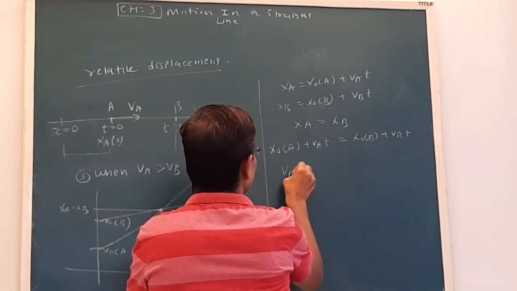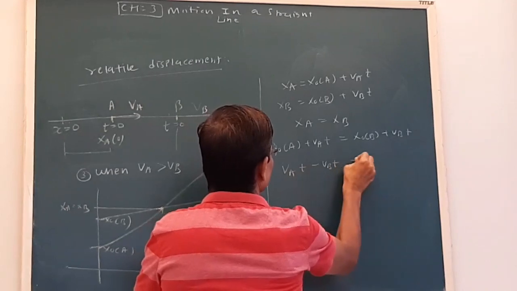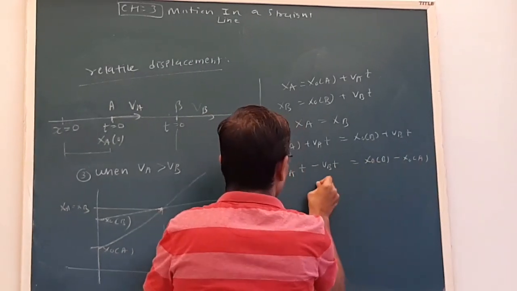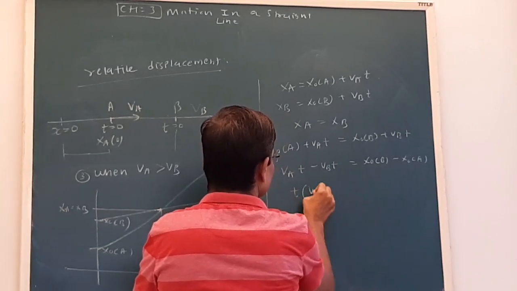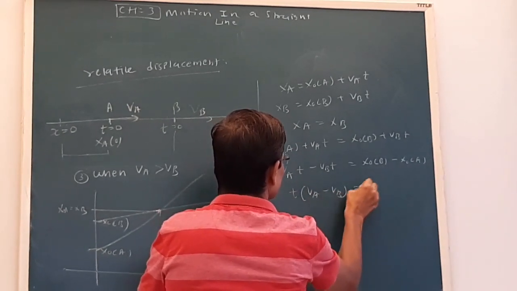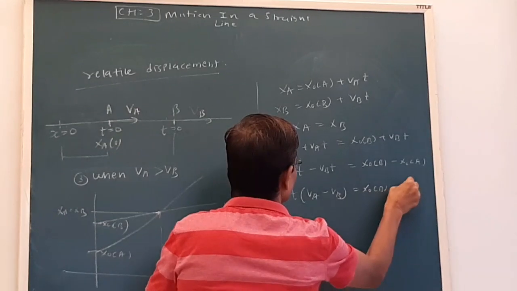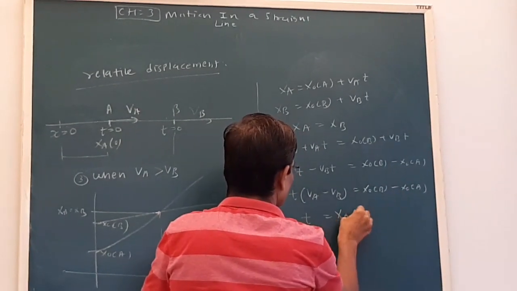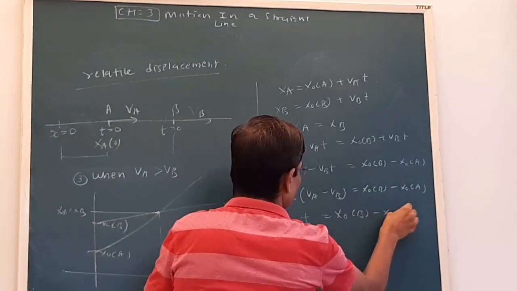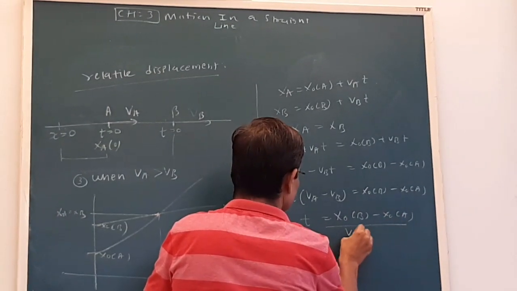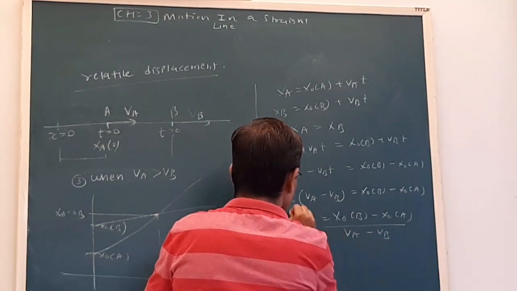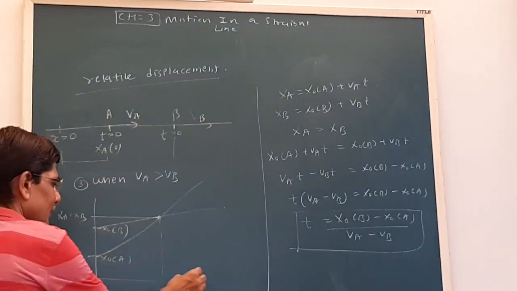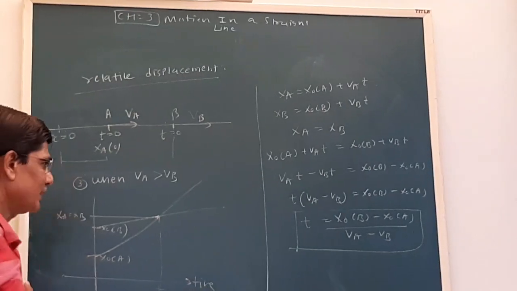So we can write VAT minus VBT equals x0B minus x0A, so we can take T common. This is the time when both objects will meet each other.